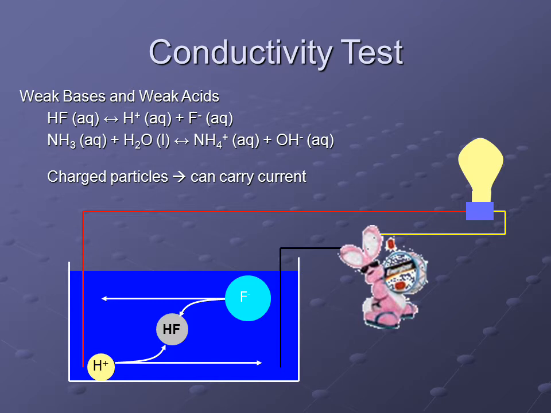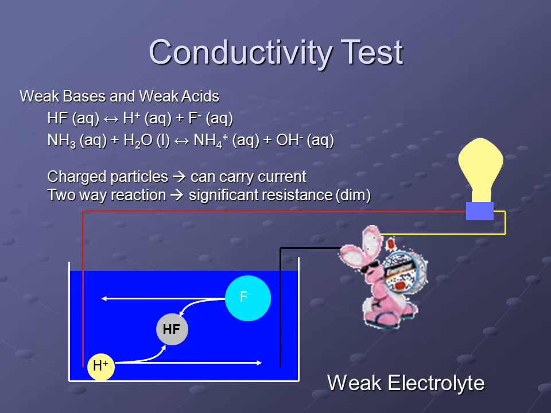Okay, so the charged particles mean we can carry current. The two-way nature of the reaction means that we encounter significant resistance. The result of all of this is that we have low conductivity, or we have a dim bulb. So, since we get some conductance, but it's not real strong, this is called a weak electrolyte. So, your weak electrolytes are weak bases and weak acids.